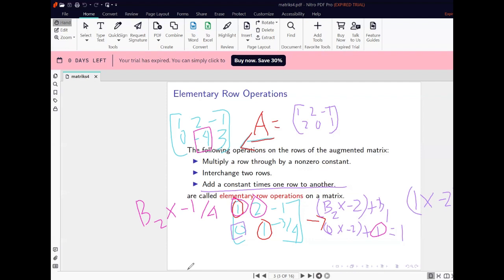And for column number 3, we also apply the same operation: minus 3 over 4 times minus 2, plus minus 1. This is the minus 1. It's equal to 6 over 4 minus 1, which is a half.